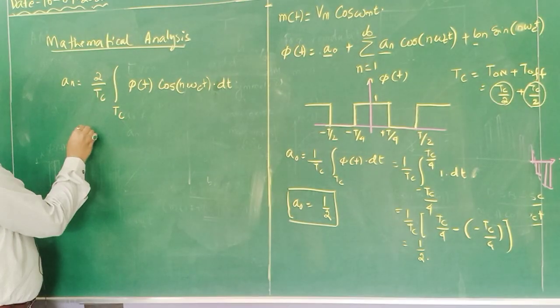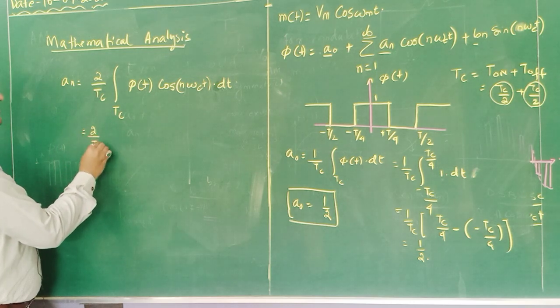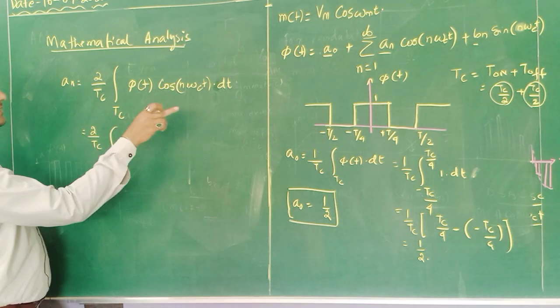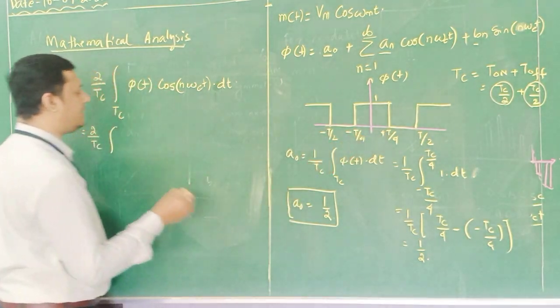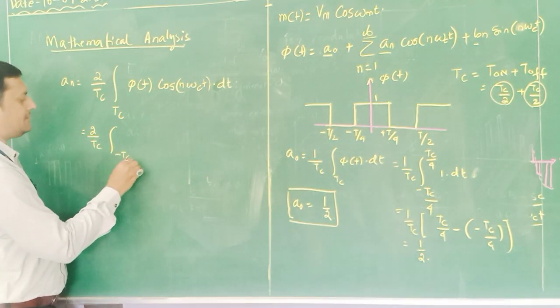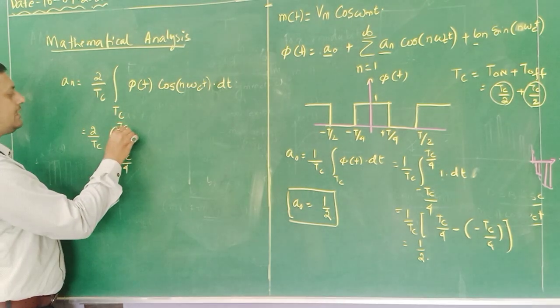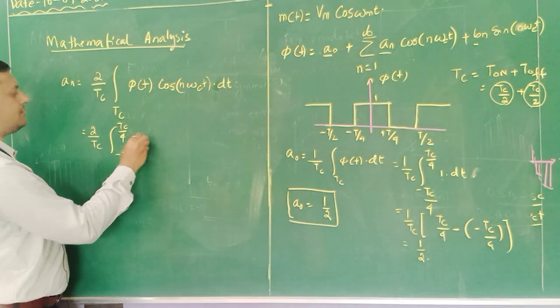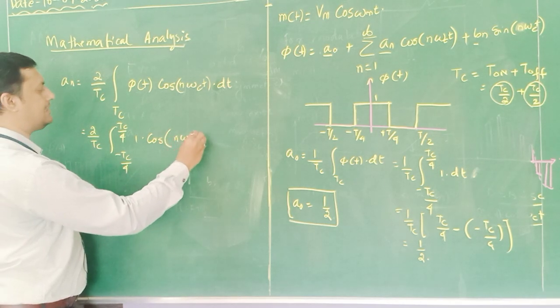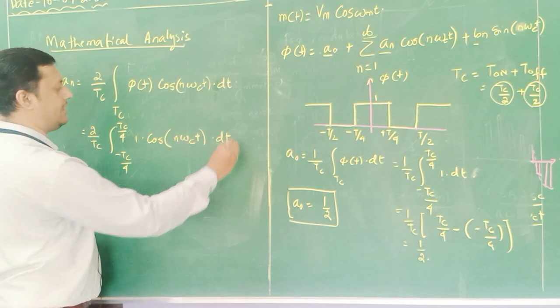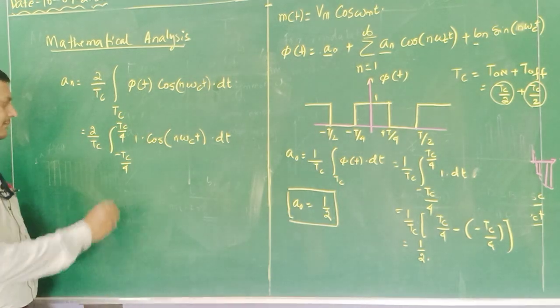Okay. Now here we need to substitute the limits. What are the limits? When the pulse is high, from minus Tc by 4 to Tc by 4. So minus Tc by 4 to Tc by 4, amplitude is 1, cos of n omega ct into dt. Now it is a simple integration.